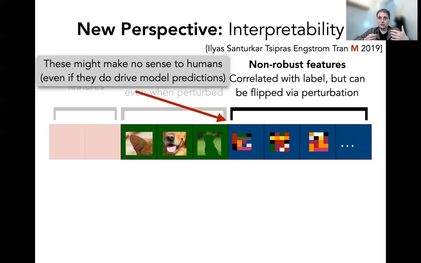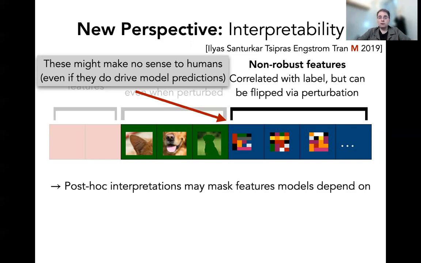The problem with non-robust features is that even if they are useful for getting good test accuracy, they might make no sense to humans. It might happen that the model is driven by these non-robust features, but there is no hope for us humans to make sense of what these features are and in what way exactly they inform the model's prediction.